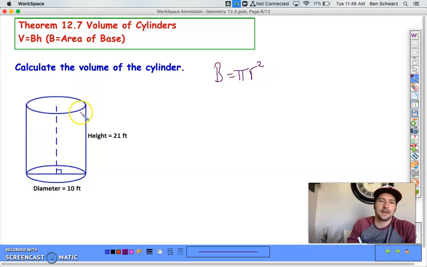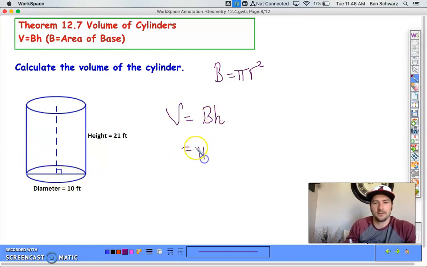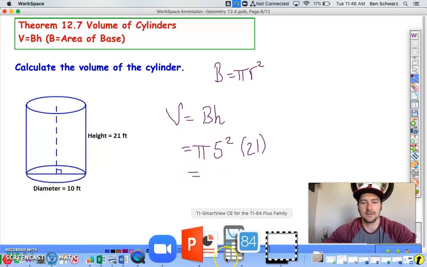So if we want the volume of this cylinder here, so area of the base times the height. So B, we get pi r squared. R is 5. So pi times 5 squared, and then a height of 21. So pi times 5 squared times 21.